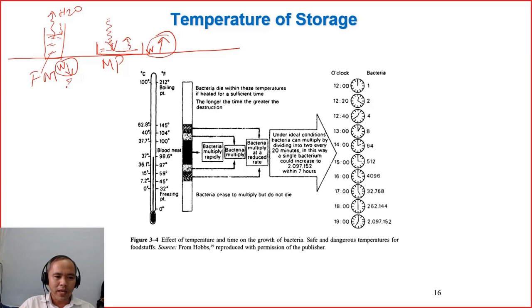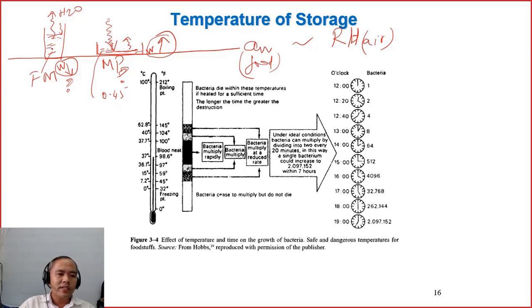Which one is which, and why? In this case, we lose weight. In this case, we gain weight. This is determined by the difference between the water activity of the food and the relative humidity of the surrounding air. Water activity of dry milk powder may be 0.45.